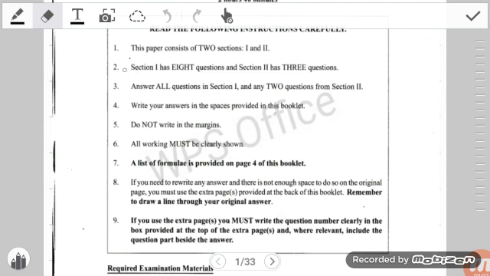But this one here, in point number 2 here, you see section 1 has 8 questions and section 2 has 3 questions. So there was a time that you had to do 11 questions, I'm thinking, but now it's just 10 compulsory questions. If I'm incorrect, please feel free to correct me down in the comment section below.